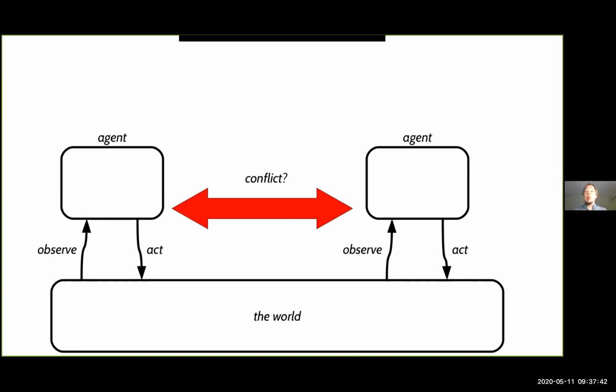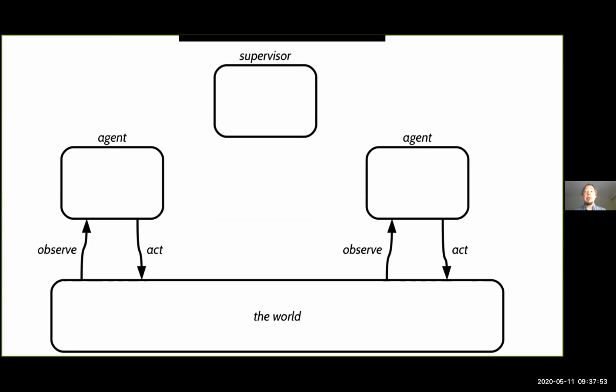To solve this sort of meta-control problem of when to allocate different resources to different agents while multitasking, our idea is to employ this notion of hierarchicality and add a supervisor that develops its own control policy to supervise these agents and to decide who gets attention or other resources when.